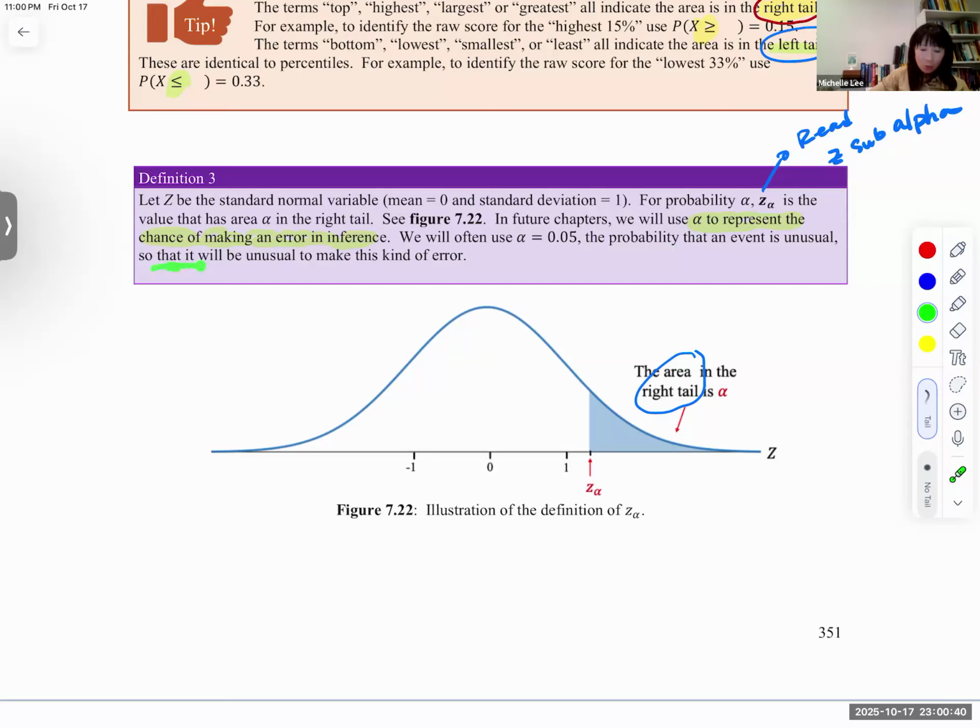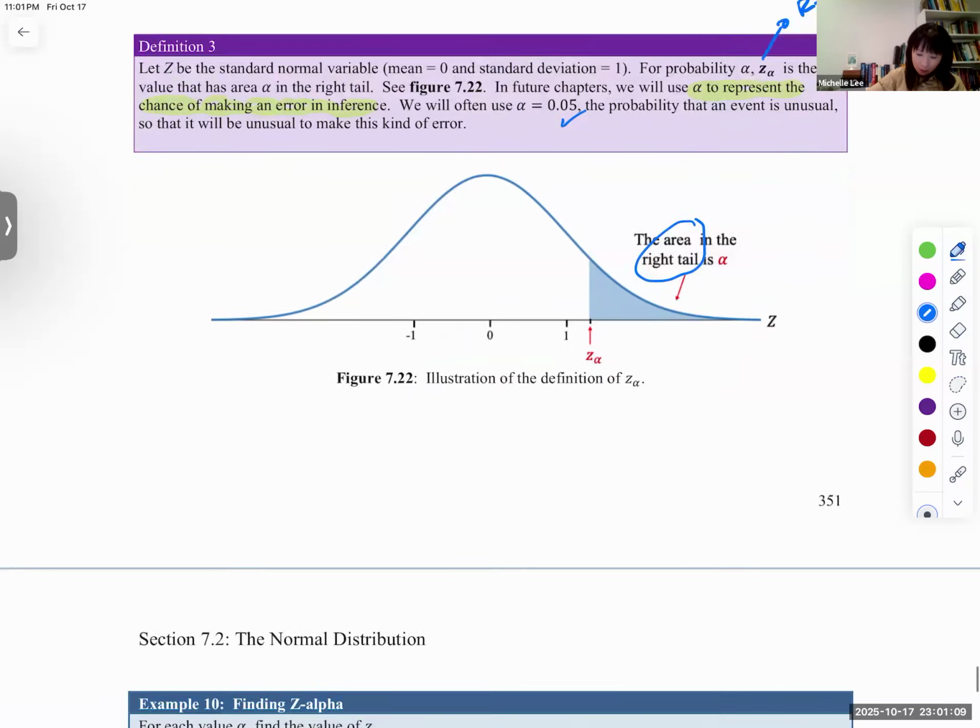That means it would be unusual to make this kind of error if we have 0.05. Now let's talk about alpha as the area of the right tail, related to the z-score.